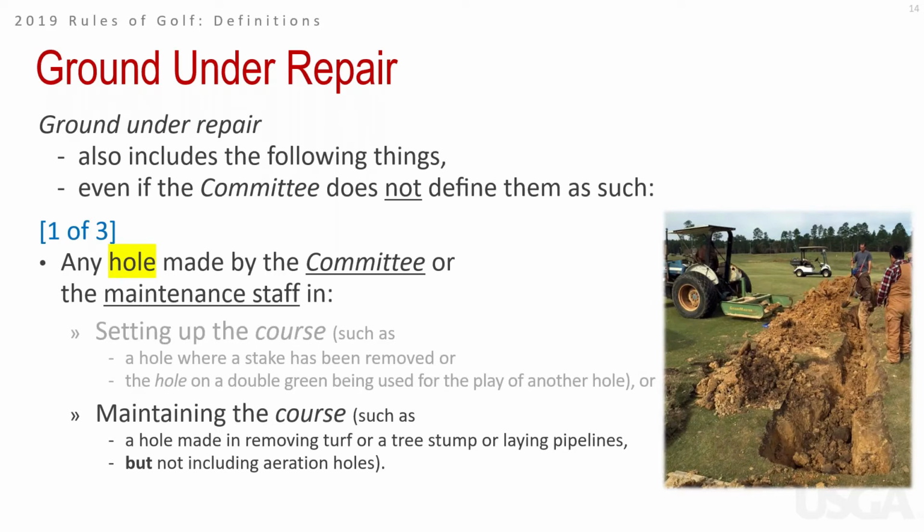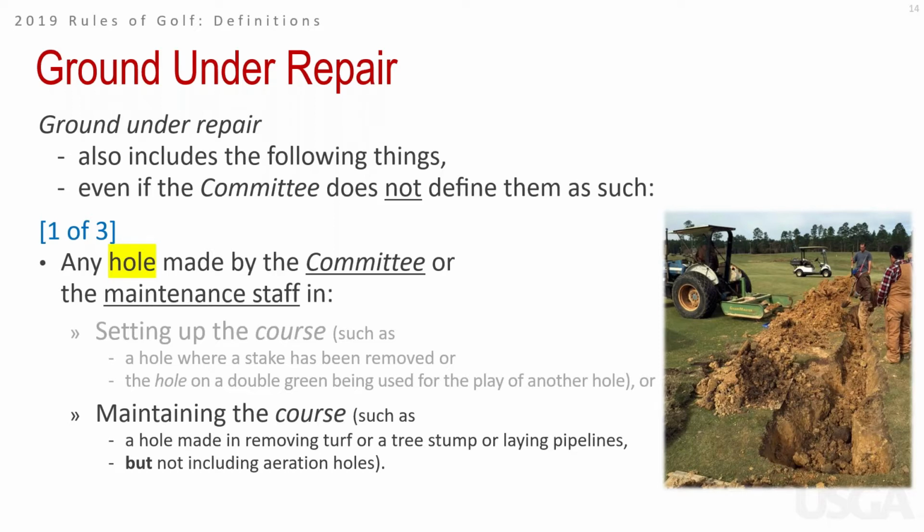Another area is maintaining the golf course. If you see this area here on the right of your screen, these gentlemen are working on the golf course. The committee would be wise to mark all the equipment as well, and some of the tracks that those heavy cars and tractors might make, as part of the ground under repair with lines and or stakes.